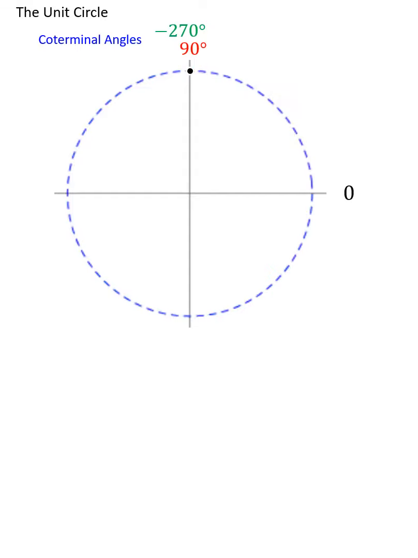But those aren't the only two arcs that terminate at that point. Imagine we start at the initial point, watch the initial point carefully, and go more than one revolution around and still terminate at that point. Well, that was a counterclockwise angle, so that would be positive. I worked out the arithmetic, and it worked out to be positive 450.